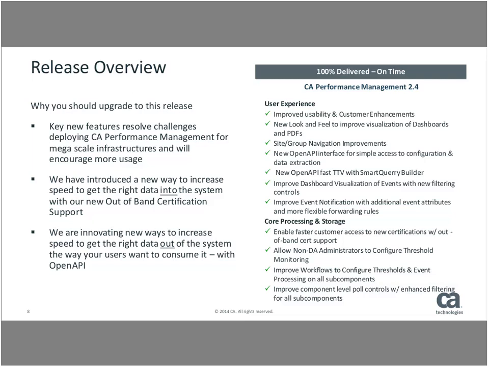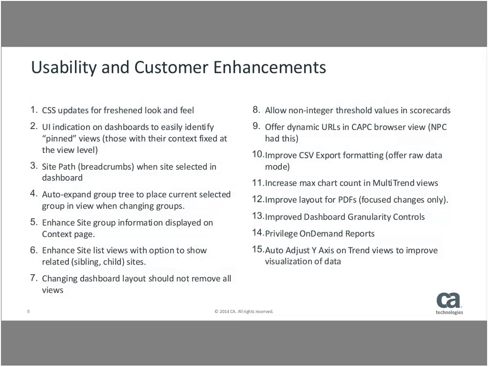Our strategy is to not only improve CA Performance Center, but also to open up opportunities to deliver other ways of either taking the data and doing advanced analytics on it, or taking the data and visualizing it exactly the way you and your end users want to view it. So the introduction of the Open API in this release was key. I'll take you through many of those items and show you visually what they were.